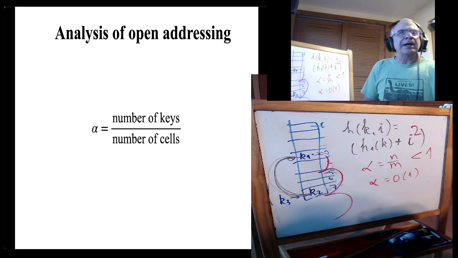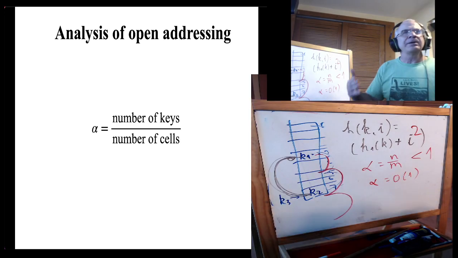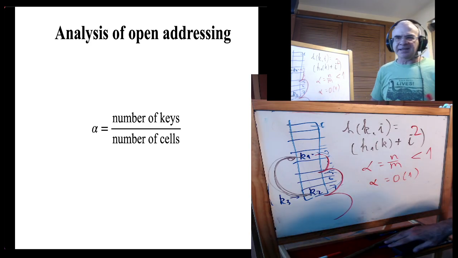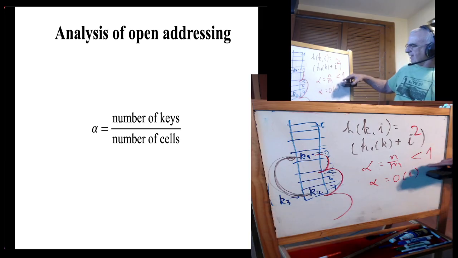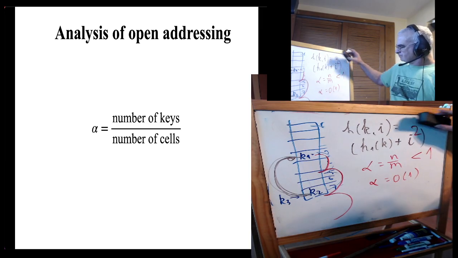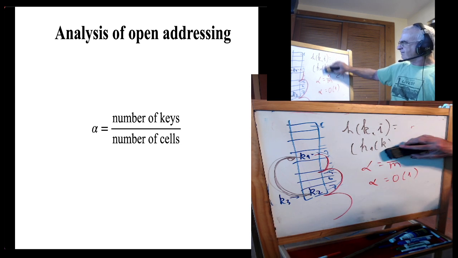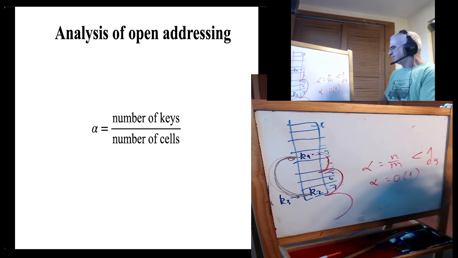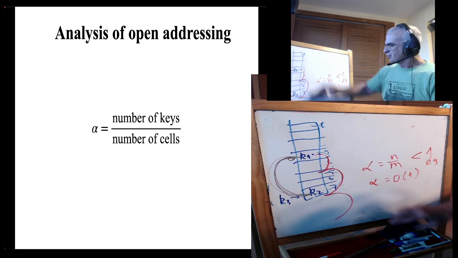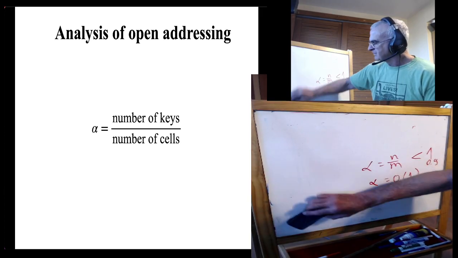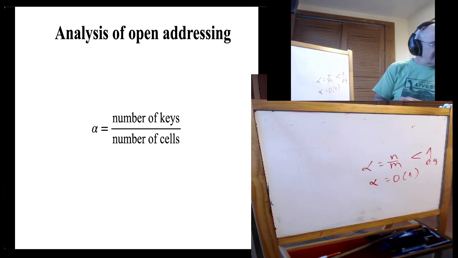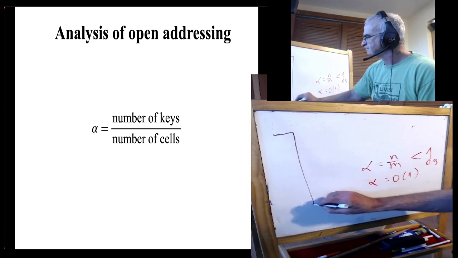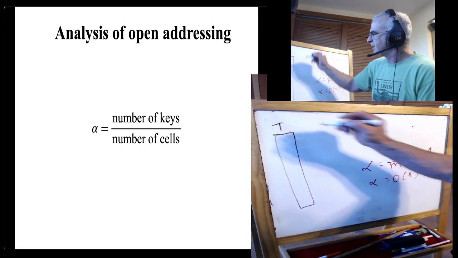However, I want to analyze how the size of alpha controls the search time. Is it enough to keep alpha, say, at 0.9? Will this behave well? Should I make it much smaller than 1? So let's do the following. Let's think about our hash table. Here is our hash table.